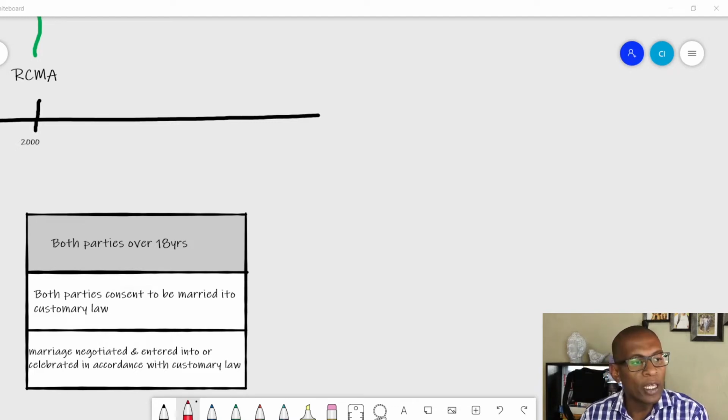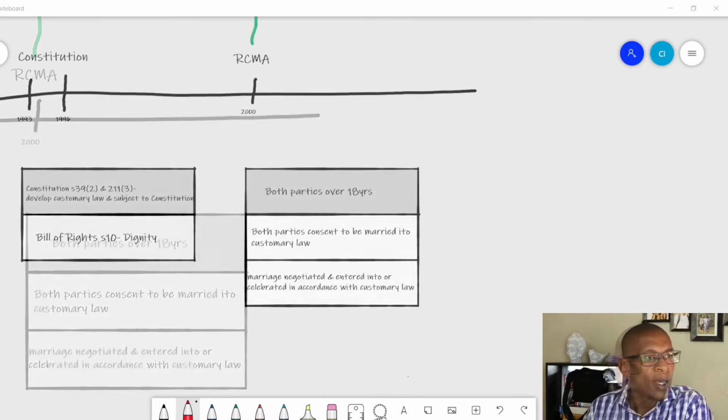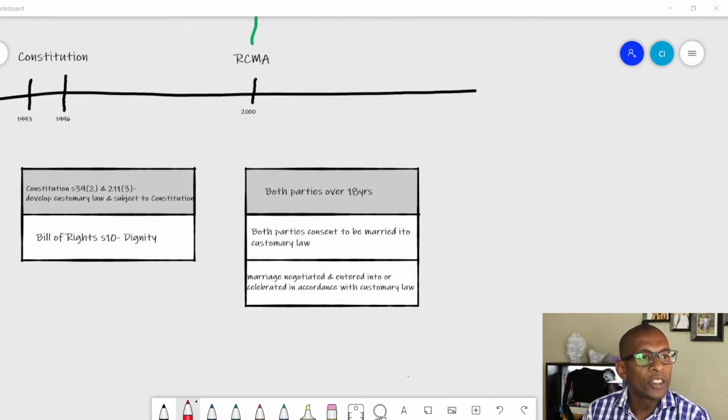Generally speaking, the first two are pretty straightforward to deal with, and the third one is where the contentious issues start coming in. We'll discuss one or two cases and see how the courts have applied the law in determining whether the customary marriage even exists or not.